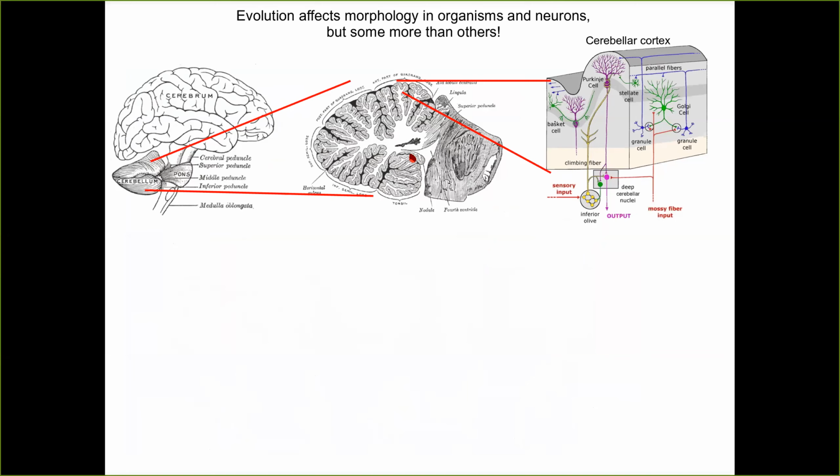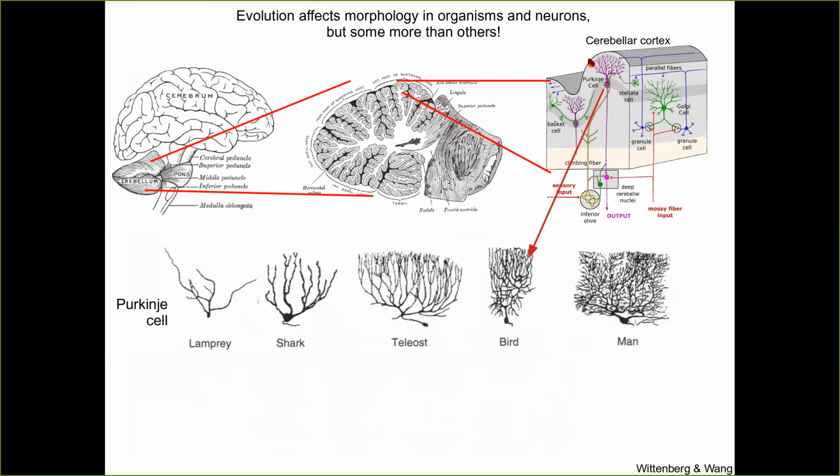For instance, we have this big neuron here, which is called the Purkinje cell. It does more or less a general function across multiple animals, but its morphology has some common traits and changes a bit depending on what animal you're looking at.